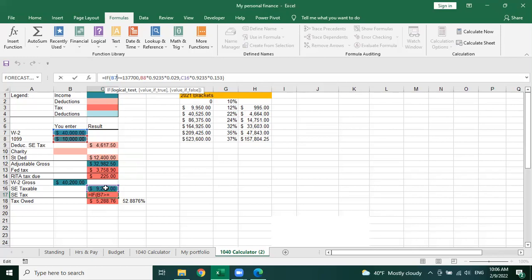Why? Because just because we found our self-employment taxable, the max taxable 137,700 is only applicable to Social Security taxes. I'm sorry, I confused that before. Medicare isn't limited by 137,700.